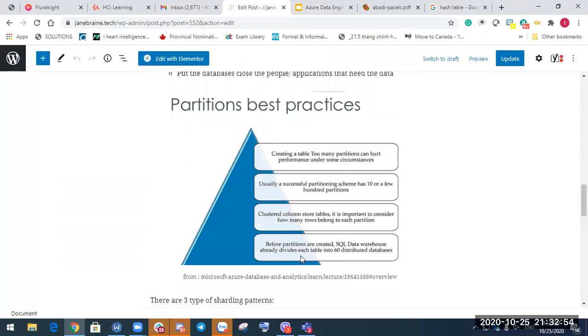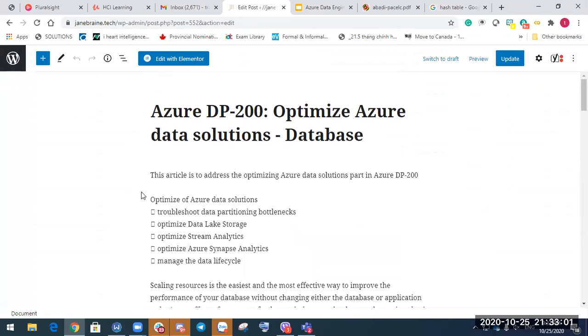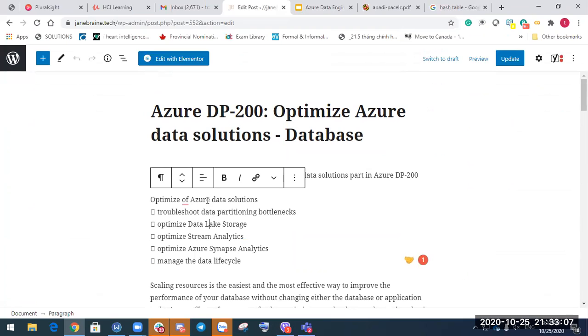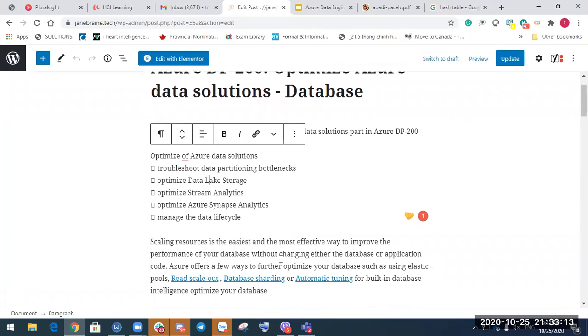But I want to go to the best practice for sharding, because this is a part of the Azure DP-200. It will ask you about different data solutions and how to optimize them. Sharding is one of the key areas to optimize data, and it's also a very transferable skill.